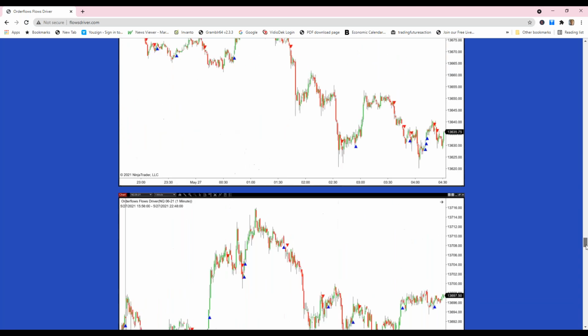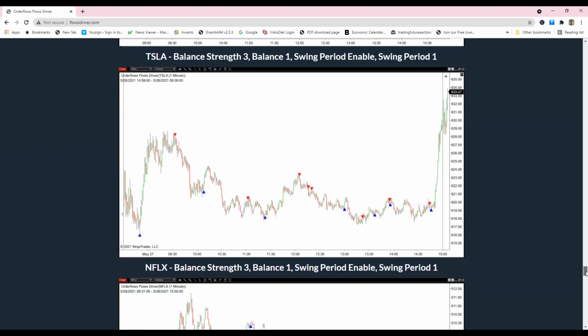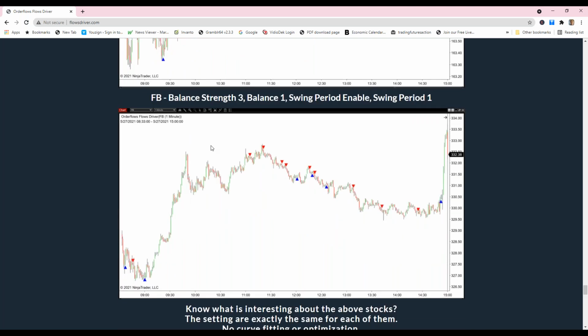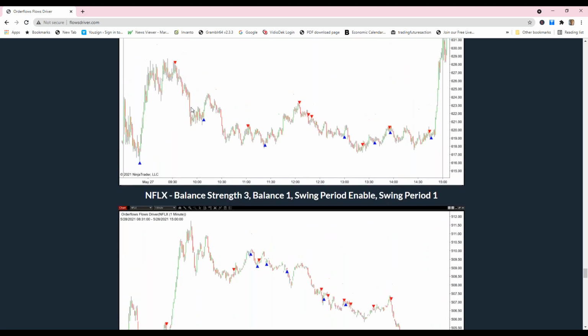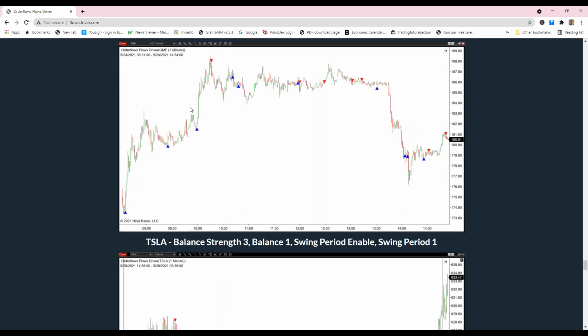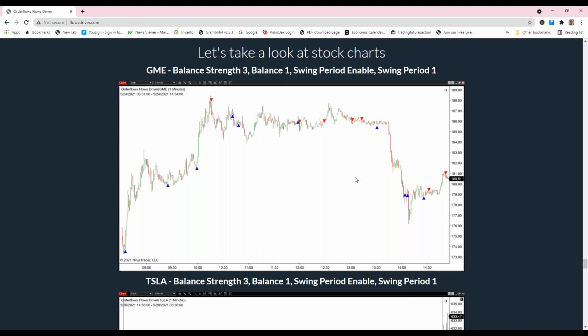Again, people are asking about stocks. Here's GME, here's Tesla, Netflix, JP Morgan, Facebook, right? But if you're trading stocks, you want to trade stocks that have good volume. And it's easy to check which stocks have good volume. Just go to TradingView and sort by stocks with the most active, the most volume.